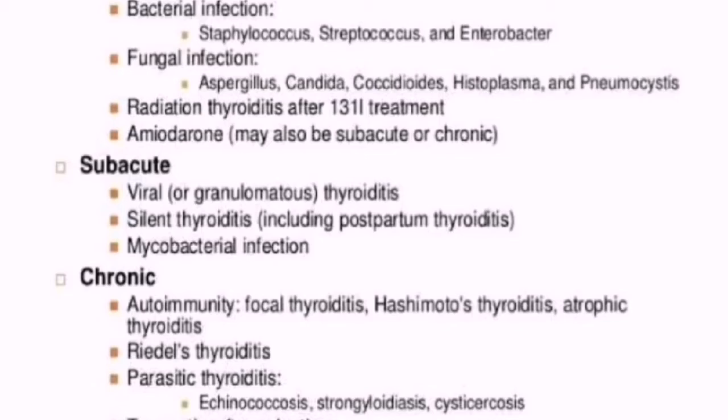Radiation thyroiditis occurs after radioiodine treatment, and amiodarone as well. Subacute includes viral granulomatous thyroiditis and silent thyroiditis, including postpartum thyroiditis. Chronic includes autoimmune and focal thyroiditis, Hashimoto's thyroiditis, atrophic thyroiditis, Riedel's thyroiditis, parasitic thyroiditis, and traumatic thyroiditis.